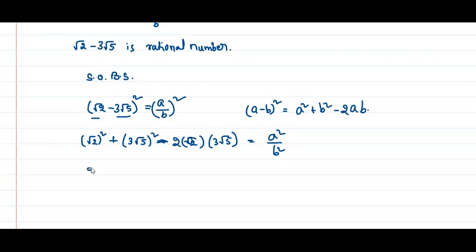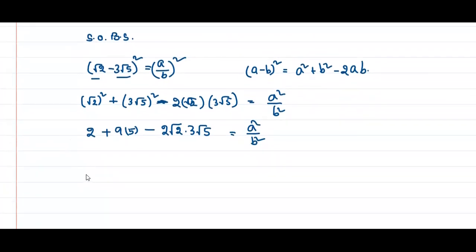So the value is 2 plus 3 square is 9 and root 5 square is 5, minus 2 into root 2 into 3 root 5 is equal to a square by b square.